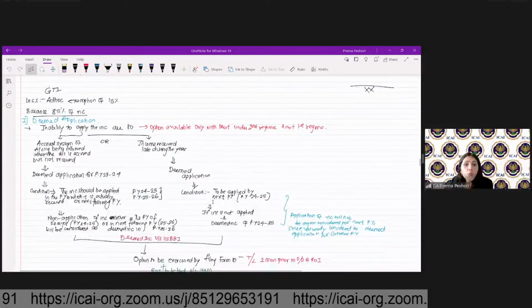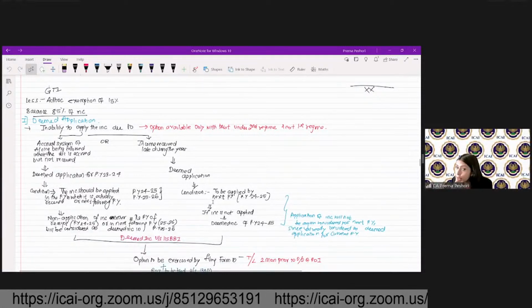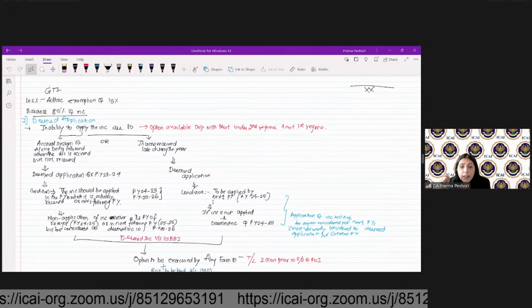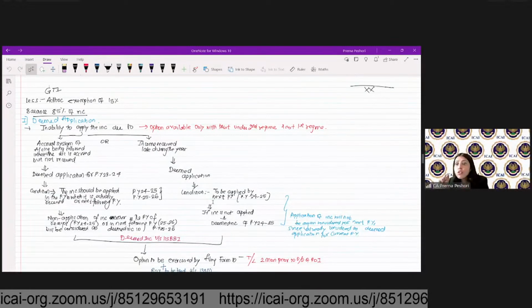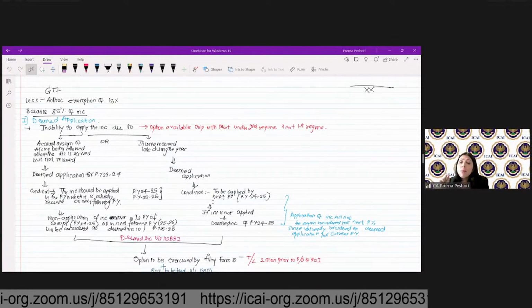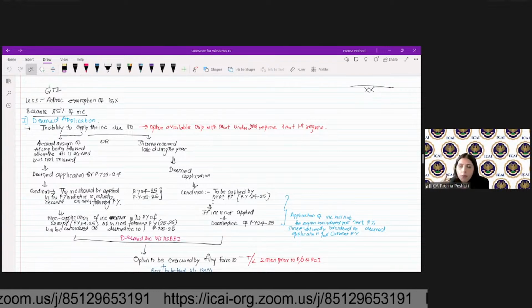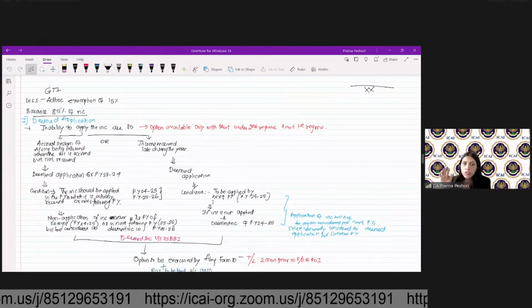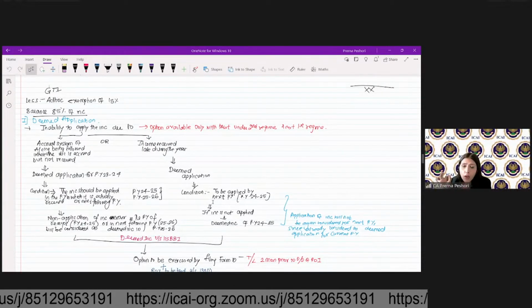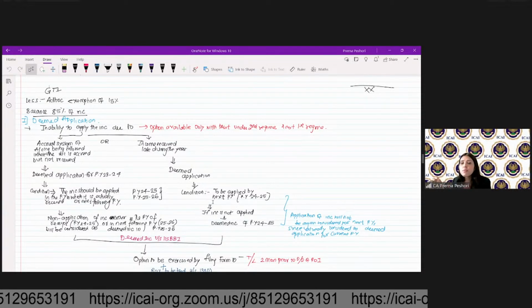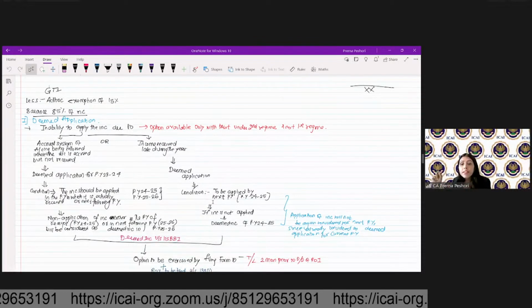Now here, what do you need to consider? Here you have to exercise the option by filing Form 10, whose due date is 2 months prior to the due date of return of income.